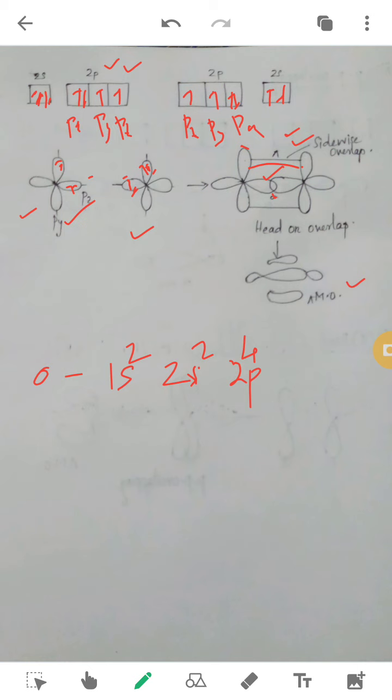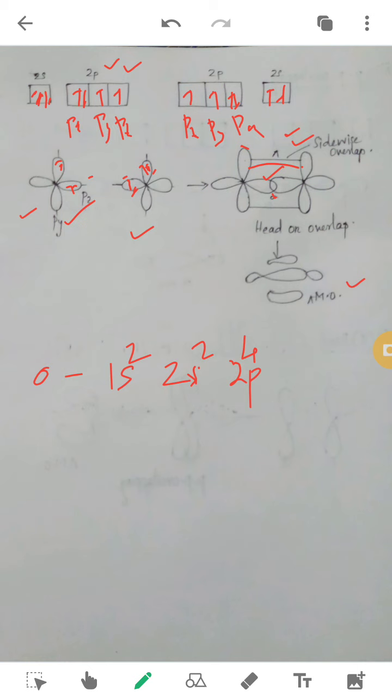Also, we have learned that the sigma bond is a stronger bond, and the pi bond is a weaker bond, because the sigma bond is a head-on overlap, symmetrical along the axes. But the pi bond is relatively weaker, because the overlapping takes place at the side of the two lobes.